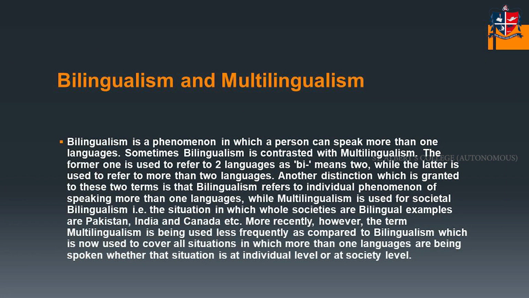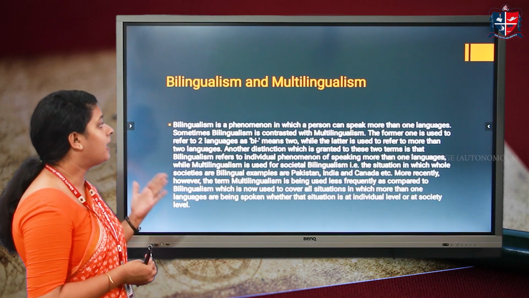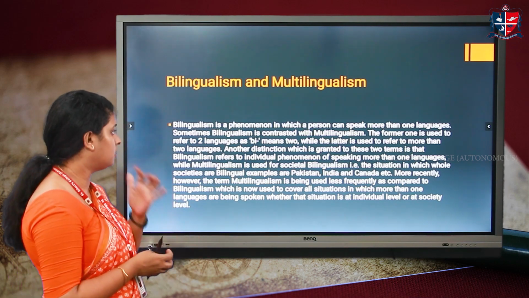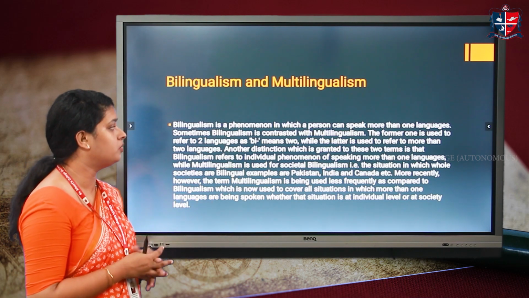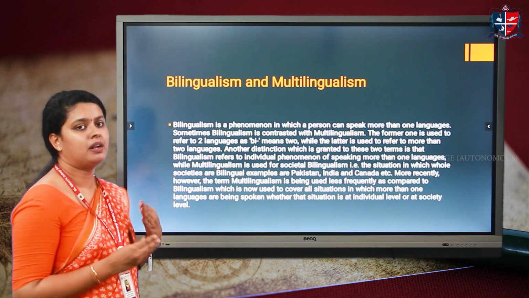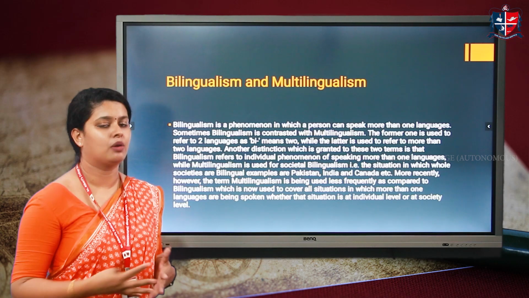The last concept which we're going to discuss in the branches of linguistics is bilingualism and multilingualism. This is a very common term. We already know bilingualism is a phenomenon in which a person can speak more than one language, and multilingualism is the situation where the person can speak more than two languages.